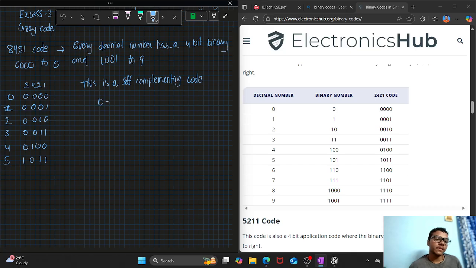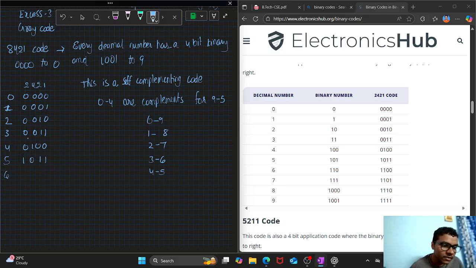So that means 0 to 4 are complements for 9 to 5. That means 0 is complement of 9, 1 is complement of 8, 2 is complement of 7, 3 is complement of 6, and 4 is complement of 5. So these two should be complement. That means the inversion. 0100, 1011.